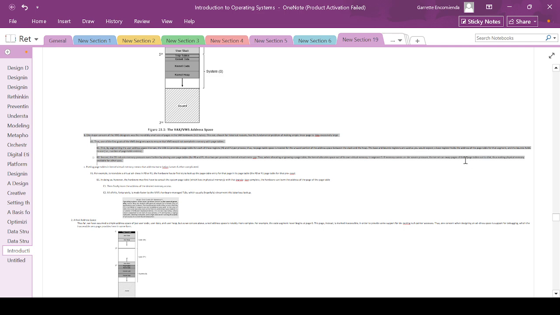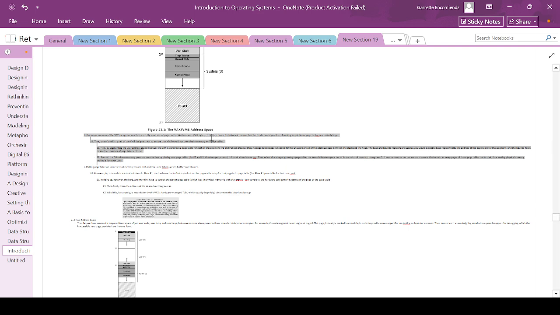A base register holds the address of the page table for that segment. So again, to go back to the basics, the base register holds the address of the page table for that segment.